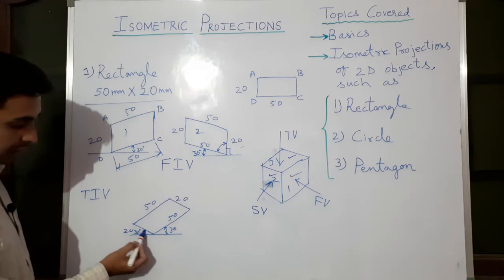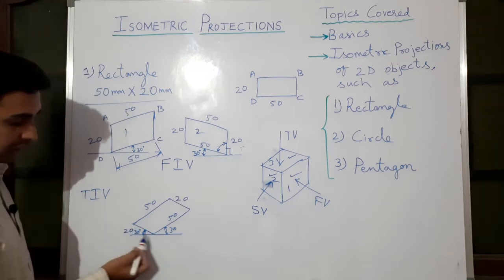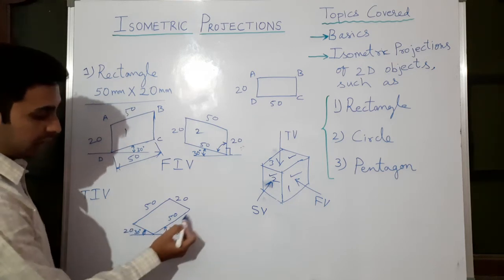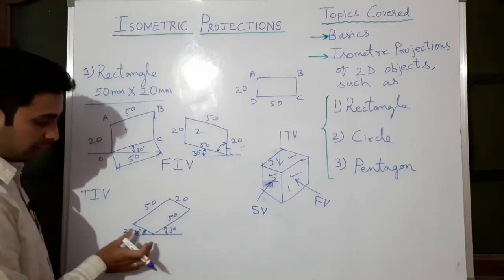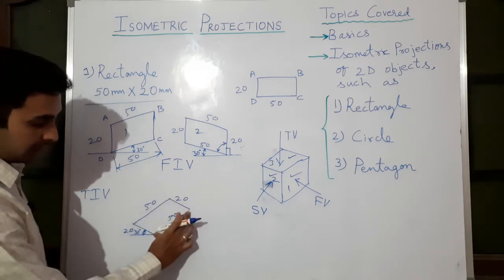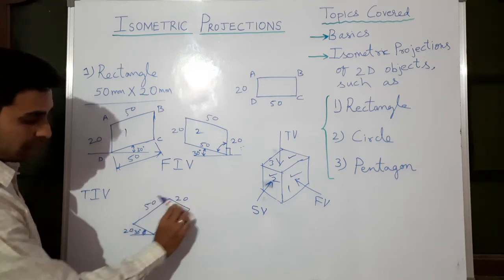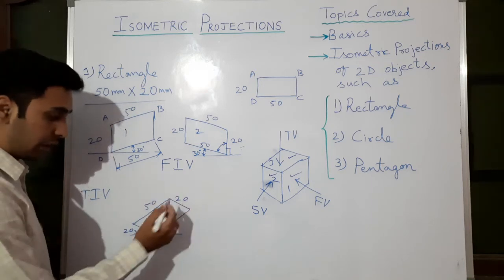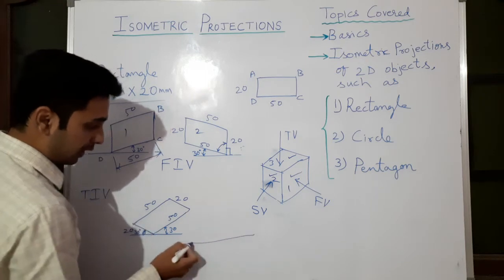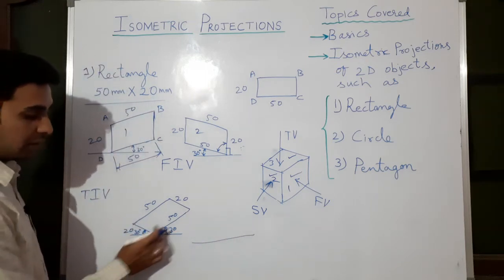So here a 30 degree, 20 mm long line we have taken, then from here a 30 degree 50 mm long line, then the same 20 here, the same 50 here. These two should be parallel to each other and these two should be parallel to each other. This is the way. Also it can be drawn this way: here we have taken 20, here we have taken 50.